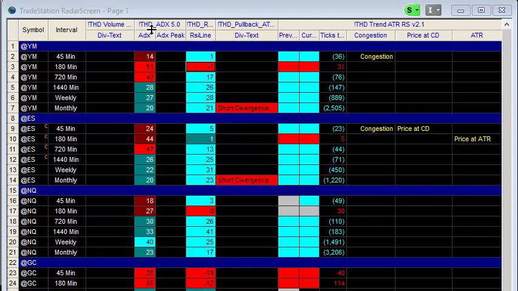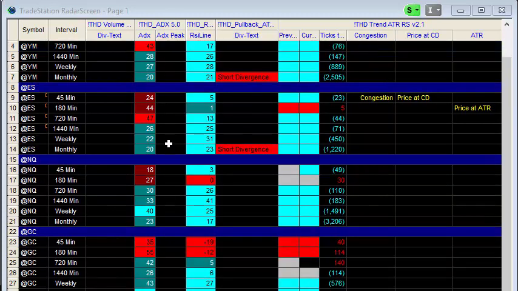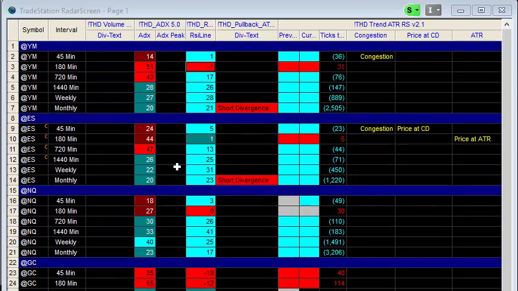And in this case, I can scan all of the values of the ADX, and if I get a magenta peak, it would be listed in the column for me. In this example, there are no magenta peaks. If there were, it would have an MPK in this column indicating a magenta peak is formed.